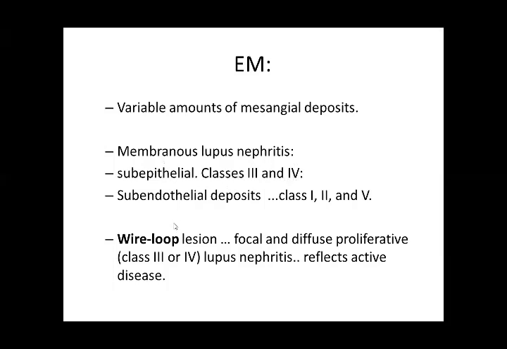And in membranous, there are deposits everywhere. Membranous just means lamina densa. Wire loop lesions, focal and diffuse proliferative, class 3 and 4 lupus nephritis, reflect active disease. Wire looping shows that there are active lesions, or ongoing pathology.